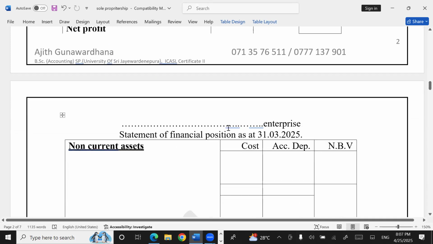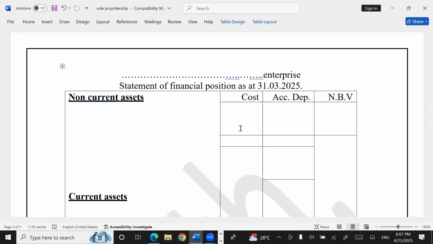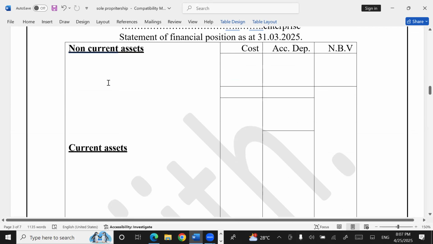Then think how to prepare the statement of financial position. It should record assets, liabilities, and equity. Based on the going concern concept, assets and liabilities should be recognized separately as current and non-current.